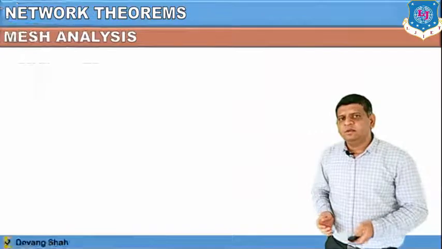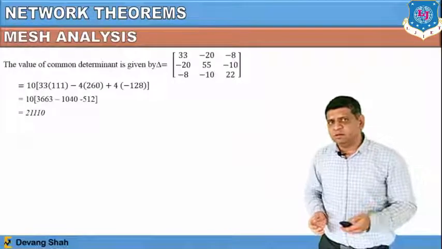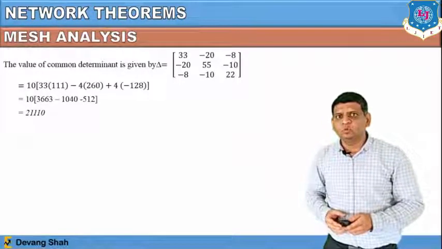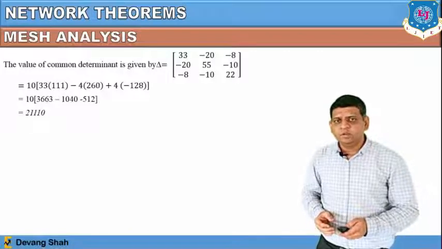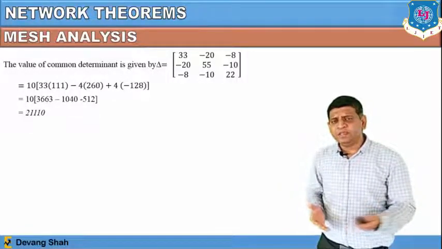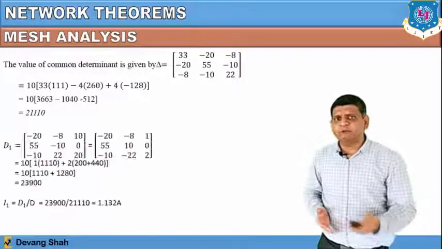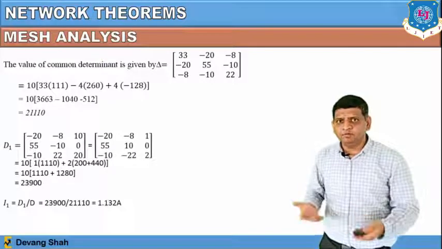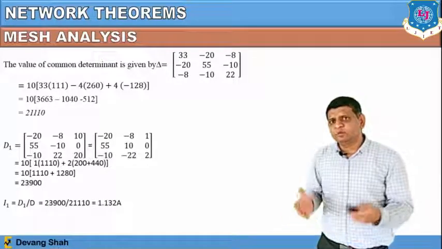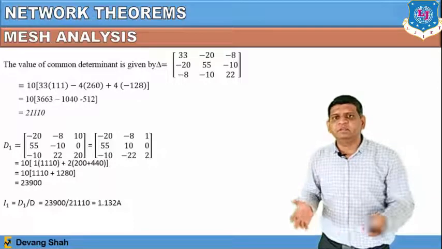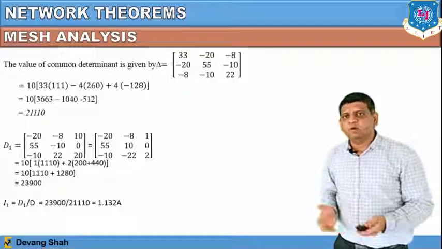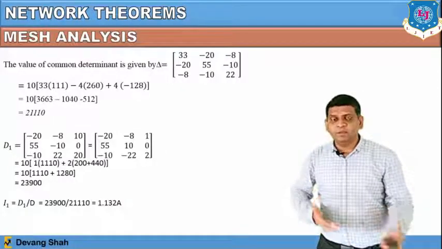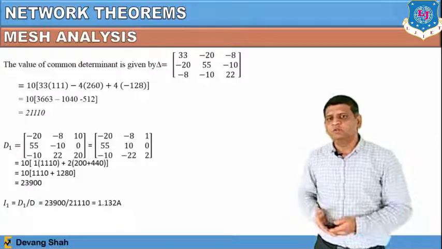You find the delta from the matrix. Then you replace the first column by the voltages, and you find delta 1 or D1. From this you can find the I1 current, which is delta 1 divided by delta, or D1 divided by D, and that is equal to 1.132 ampere.